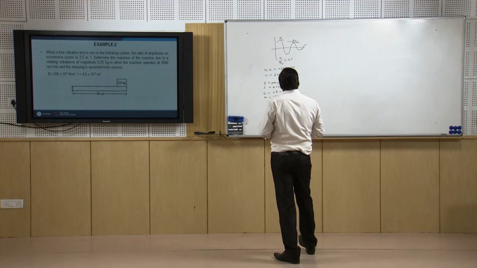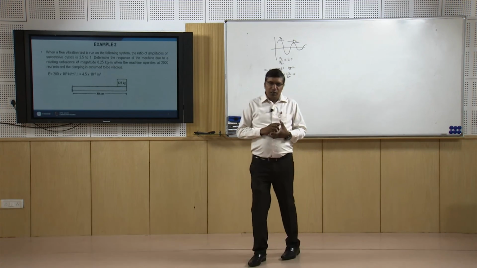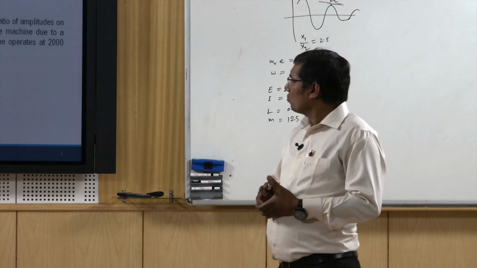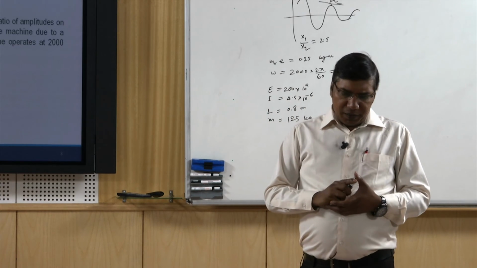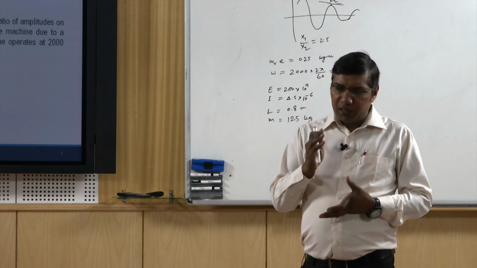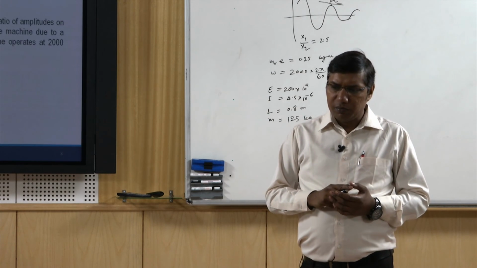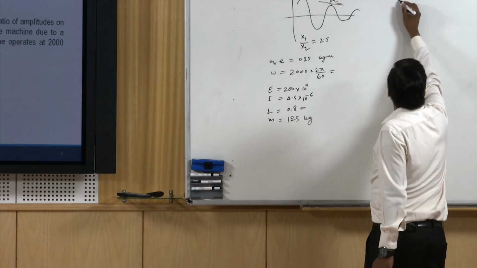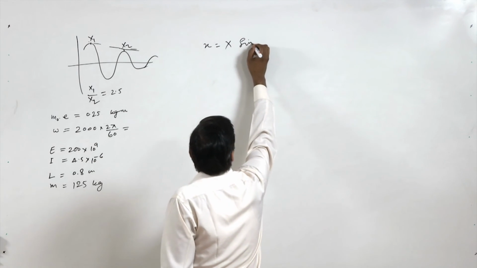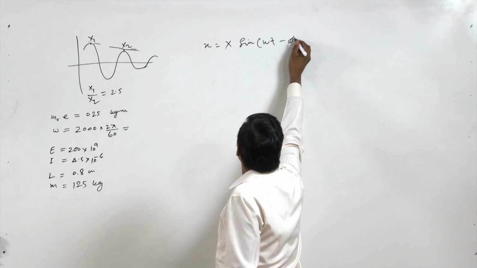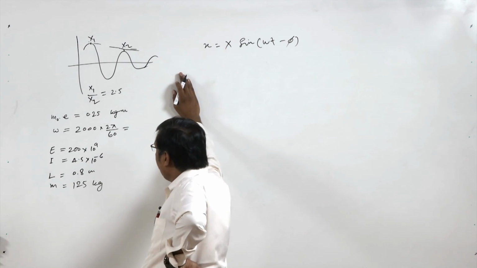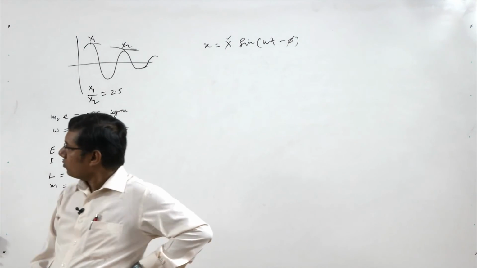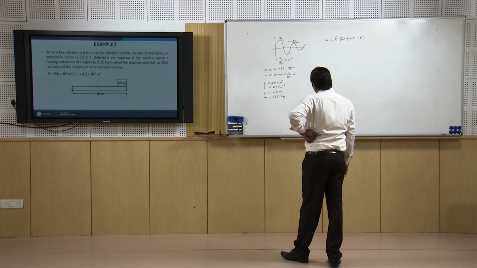We know that when we have the rotating unbalance, there is the force m0 e omega square sin omega t on the system, and so the response is something like x sin (omega t minus phi). So this is the response. Let's find x, the amplitude of the response.